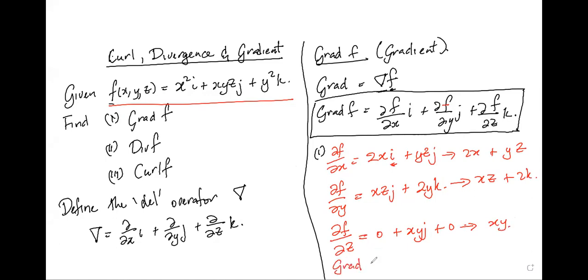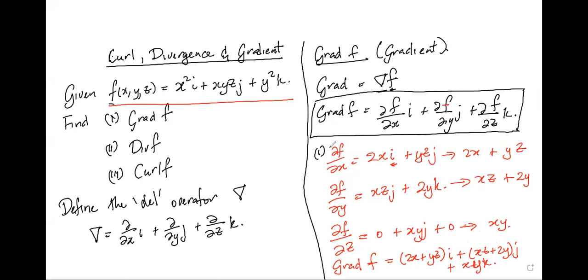So our gradient would be 2x plus yz, xz plus 2y, and xy. Okay, that would be what the gradient would look like.